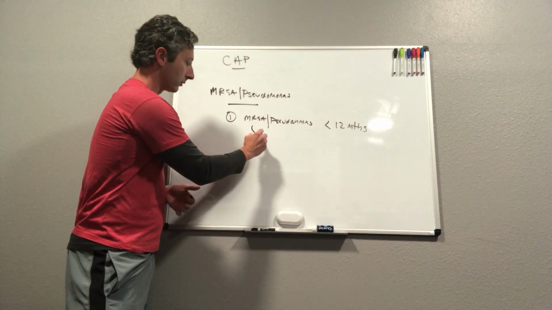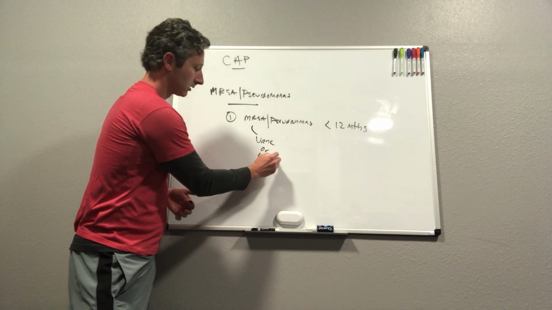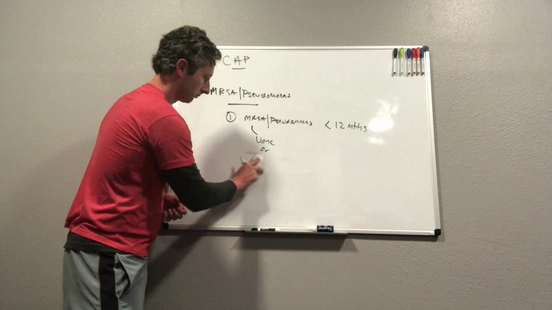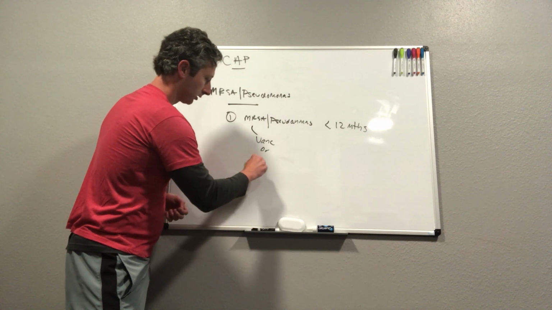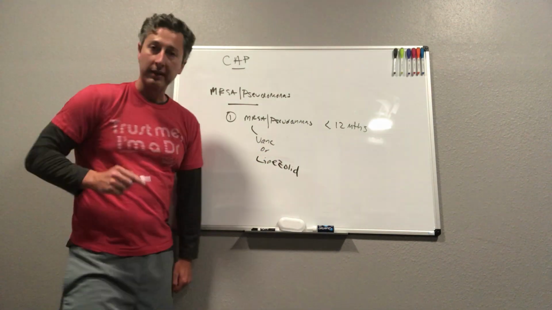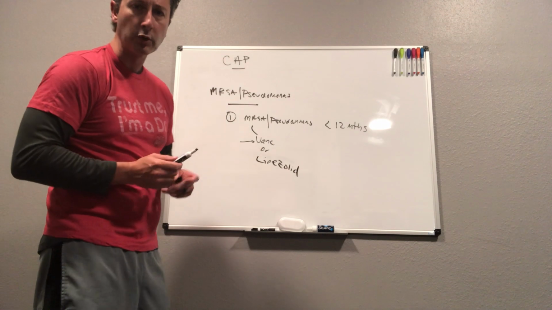So for MRSA, we said it was vanc, or if you had side effects, linezolid. Vanc or linezolid, okay? Vanc is always going to be your number one. It's good, it's cheap, it works well on most people, okay?